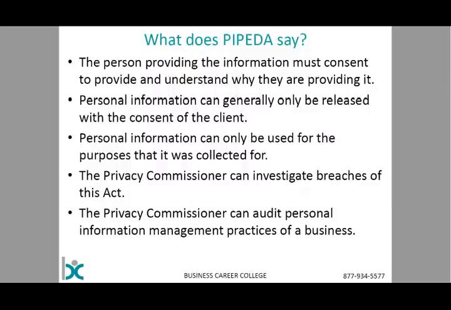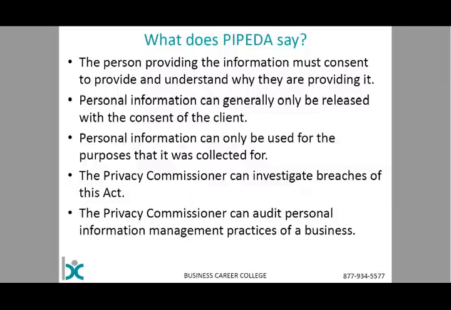But if they wanted to come back later on and do a financial planning course with us, they would have to provide that information to us with consent to use the information for that other purpose when they signed up for the other course. That's the reason that we, for example, get a student to fill out a new registration form each time they register for a course, so that we can be sure that a student is understanding why they're providing the information to us.